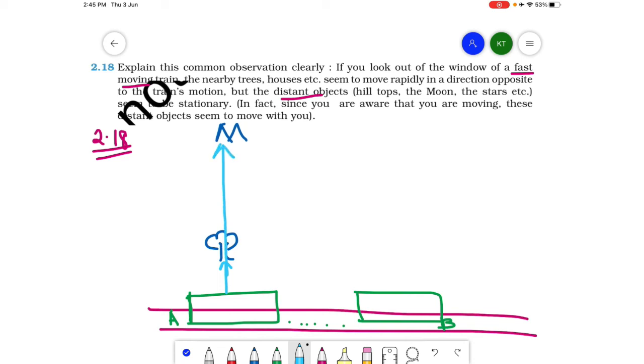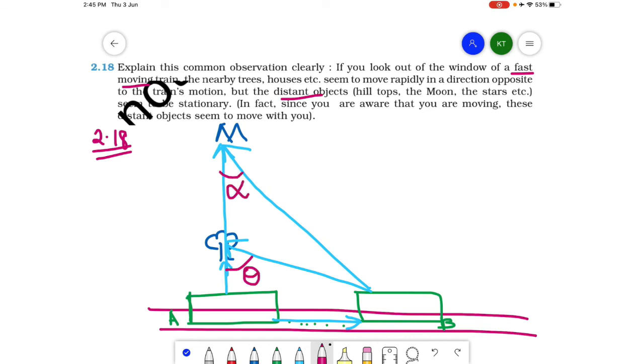When the train is at this position, it's looking at the mountain over here. Once the train has moved a distance, and you look back at the tree, there's an angle formed here. There's an angle theta made towards the tree. There's an angle alpha made towards the mountain.